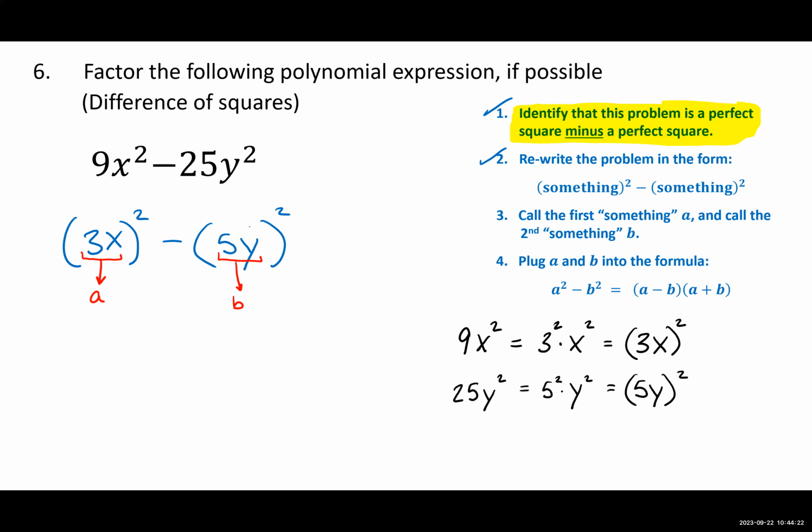And once you've done this, you're pretty much done. This is usually the harder part of the problem. It's the identifying. It's the noticing that this is a difference of squares problem and putting it in the correct form. And once you know that a is 3x and b is 5y, then we have a formula over here.